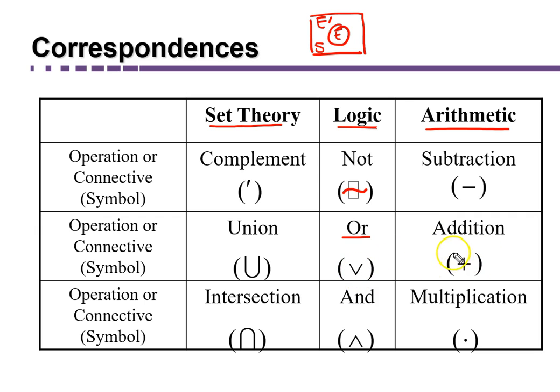And here we're adding everything up. Everything is included. In intersection, this inverted U, and the word and the caret, this indicates multiplication. Now, some other words you might recall, we talked about union as being disjunction, intersection as being the conjunction, where things intersect. All right, so some review. Let's go on.